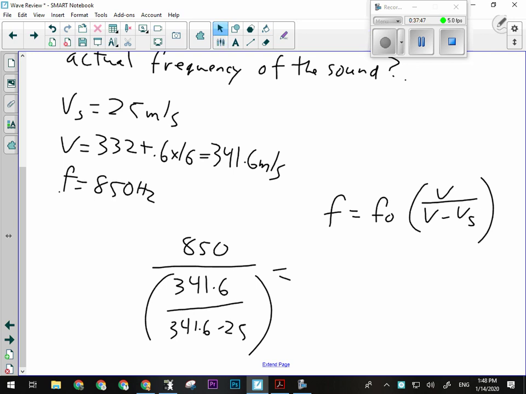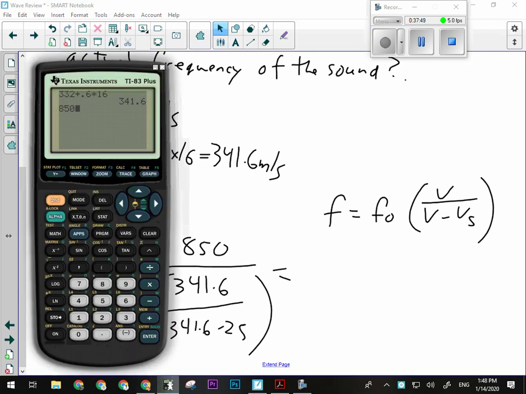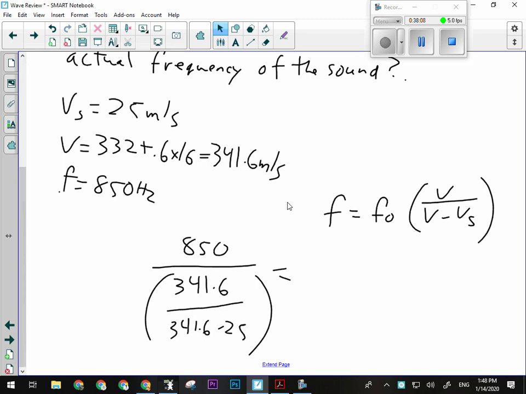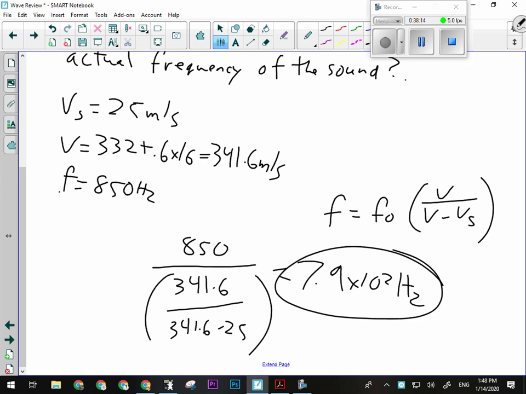So 850 divided by, in brackets, 341.6 divided by 341.6 minus 25. All right, so we're looking at 7.9 times 10 to the 2 hertz for the actual frequency of the ambulance.